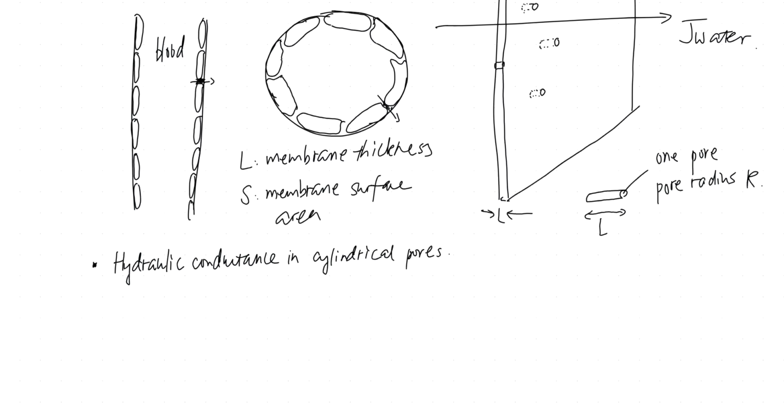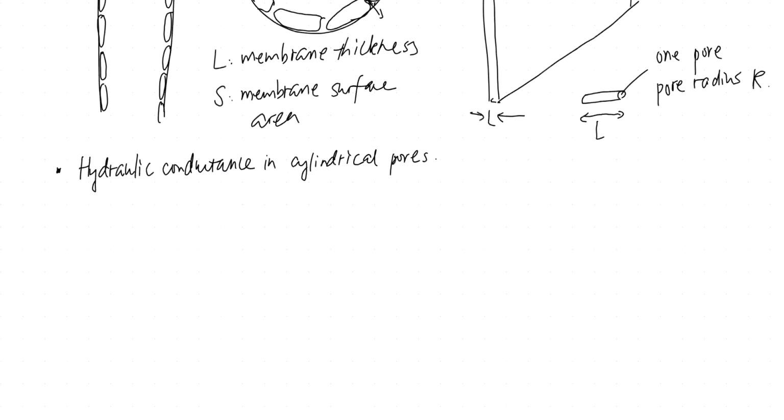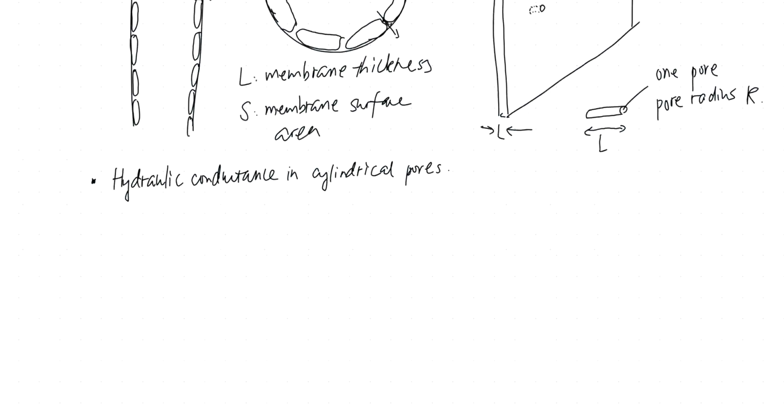For this cylindrical pore I just drew here, recall from what we learned in the last module on blood flow in blood vessels, we had Poiseuille's law. It tells us the volumetric flow rate.